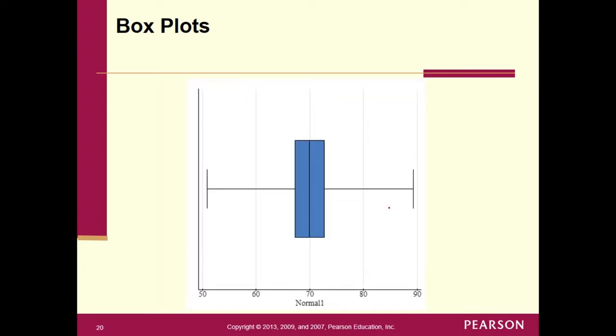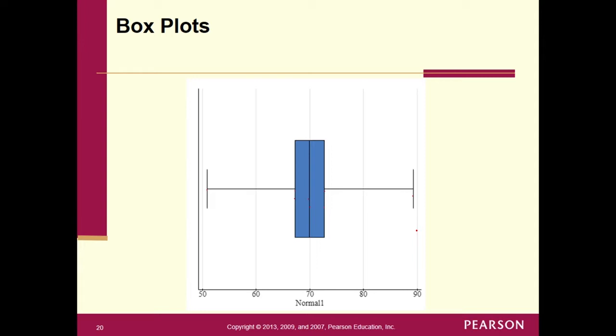What would a box plot look like if it was nice and symmetrical and probably bell-shaped? Something like this, where from here Q1 to Q2 is roughly the same distance from Q2 to Q3, and then from the minimum to Q1 is roughly the same distance from Q3 to the maximum. That's telling us that we have something symmetrical, and it very well could be bell-shaped.